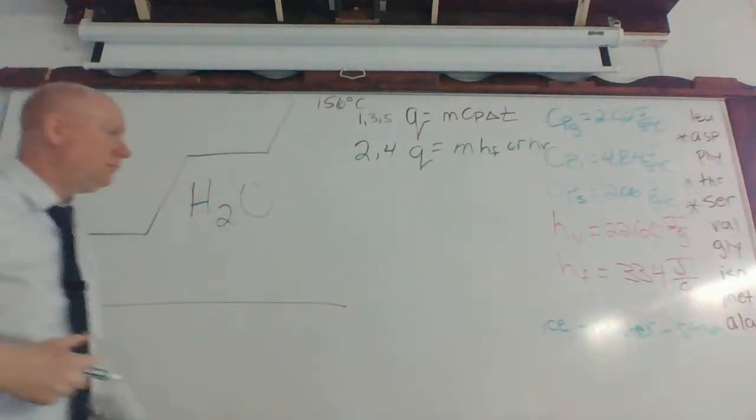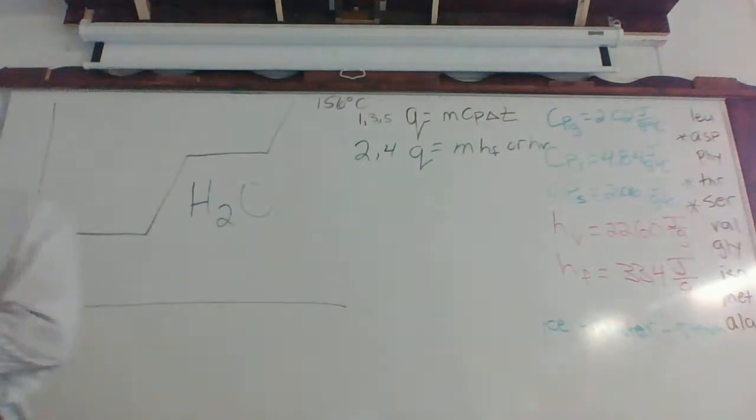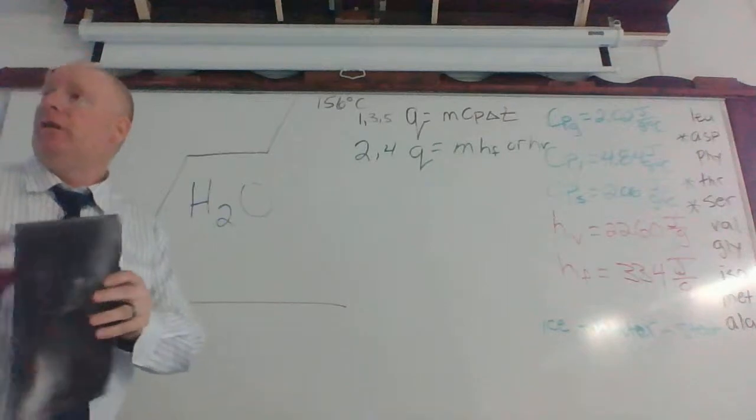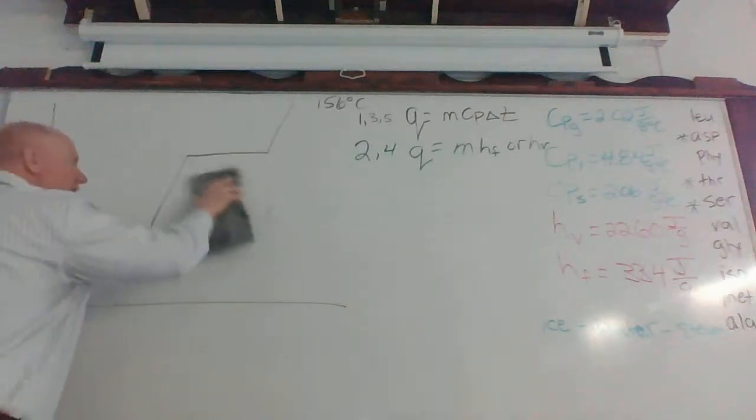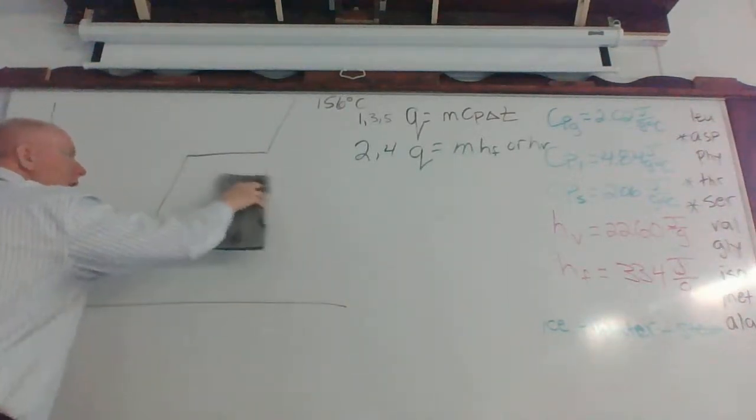Vaporization. Okay, HV. So we really don't need this H2O in here. We just wanted to illustrate that water or H2O exists in three different states: a solid, a liquid, and a gas.